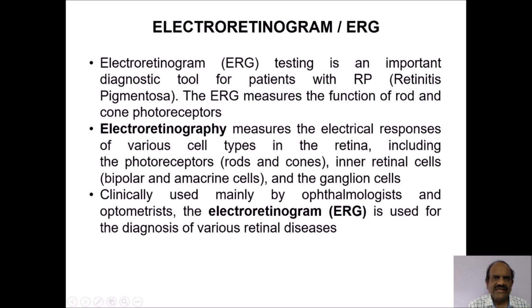Electroretinography measures the electrical responses of various cell types in the retina, including the photoreceptors, rods and cones, inner retinal cells, the bipolar and amacrine cells, and the ganglion cells. Electroretinography is clinically used mainly by ophthalmologists and optometrists. The electroretinogram is used for the diagnosis of various retinal diseases.